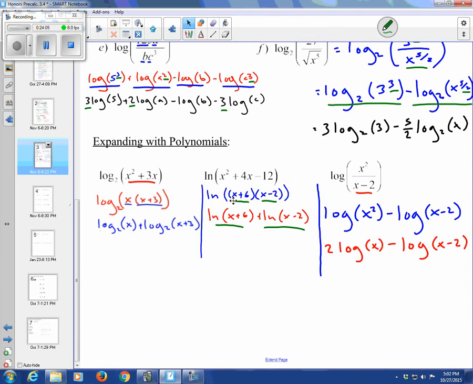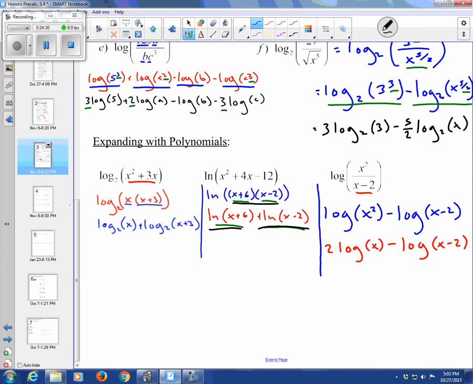Now, I think that sometimes people get tempted to say, well, there's an addition inside the logarithm, that means I can expand that out into an addition outside the logarithm. Really what we have to remember is we're talking about a multiplication inside a logarithm expanding out into the addition of 2 logs of the same base. And so that's what we really want to be careful of here.